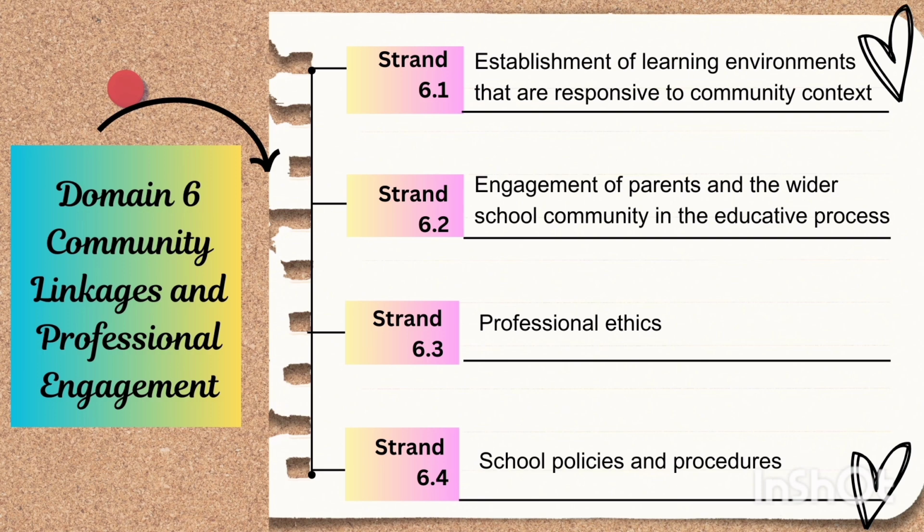So next is community linkages and professional engagement. So strand 1, establishment of learning environments that are responsive to community contexts. 2, engagement of parents and the wider school community in the educative process, professional ethics, school policies and procedures. So these emphasize the importance of collaboration, ethical conduct, and community engagement in promoting effective education.